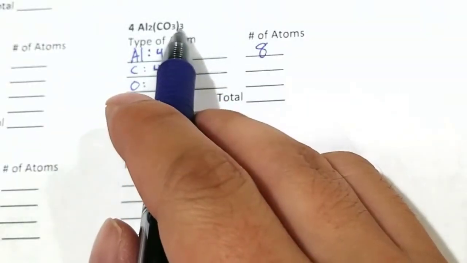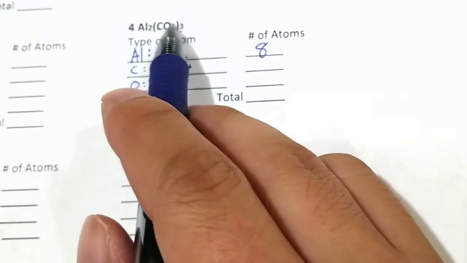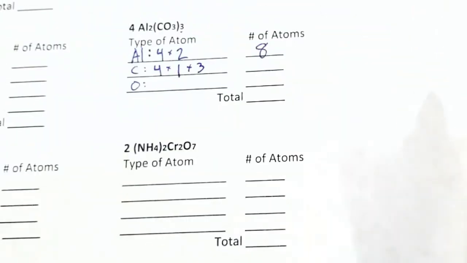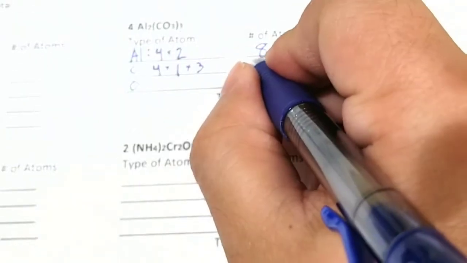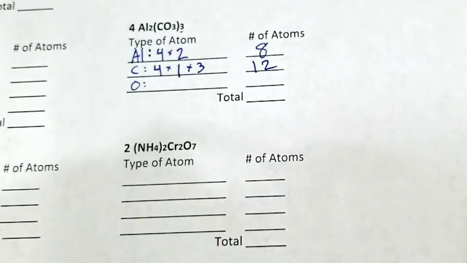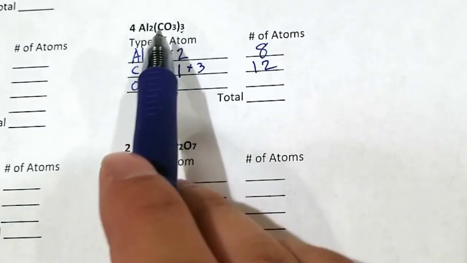Times, don't forget to multiply anything in parentheses, because the parentheses is going to be distributed to the C and distributed to the O. So it's going to be 3. And that gives a grand total of 4 times 3, which is 12. For oxygen you have the big 4. Notice we have O3, which means we have 3 oxygen.